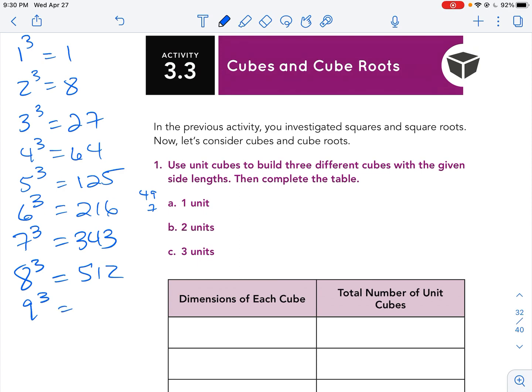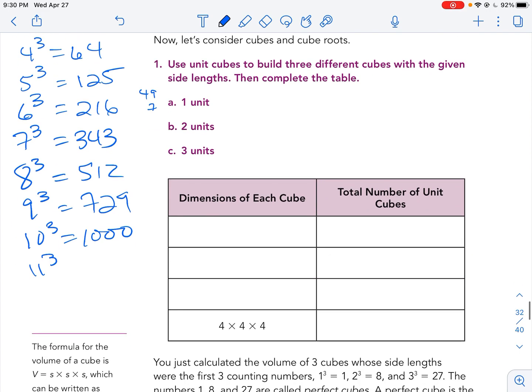Actually, no, this one, I think 729 is what it is. Yep, 729. And 10 to the third power is 1,000. 11 to the third power is 1331. And 12 to the third power, I definitely don't know. 1728. Okay? Now you should have a little sheet that gives you all of those.